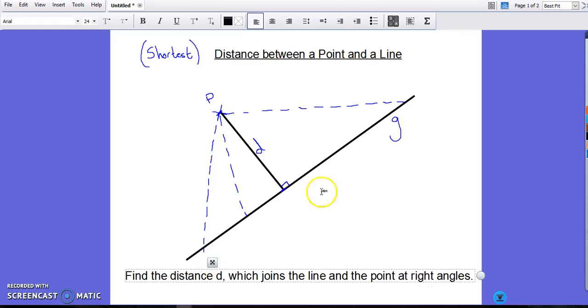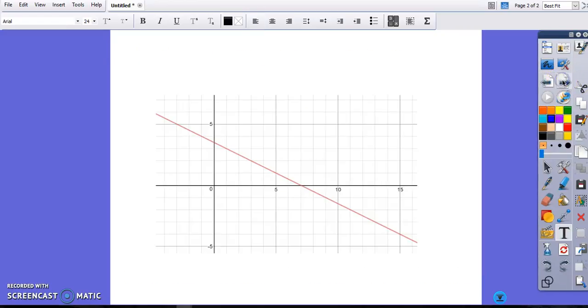So you're always looking for the perpendicular distance between the point and the line, and hopefully this then gives you some clue about where we might be going with this. So let's look at a concrete example.